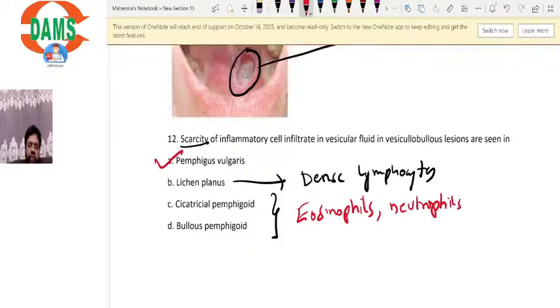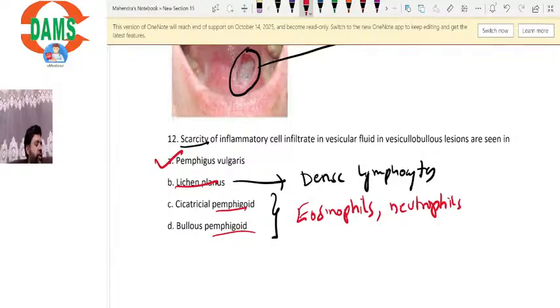It is pemphigus vulgaris which has nothing to do with inflammatory cells. So pemphigus vulgaris will have scarcity of inflammatory cells. In the notes we have written that pemphigoid will have eosinophils. Okay, that is what I wanted to discuss with you.